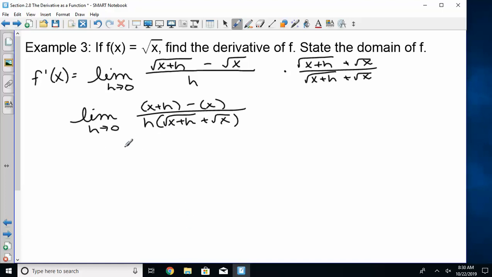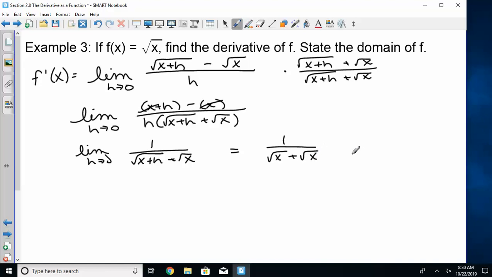And then what happens? So then we have 1 over radical x plus h plus radical x. So now if you plug in your 0, we get 1 over 2 radical x.